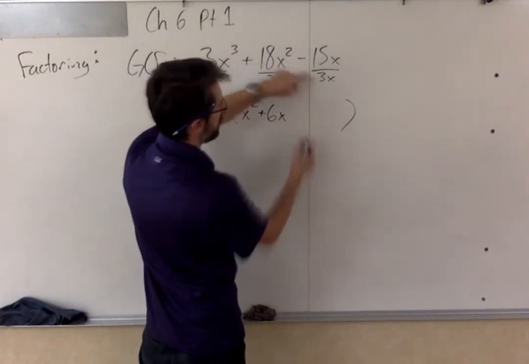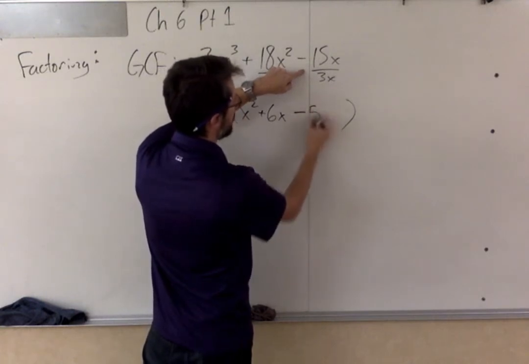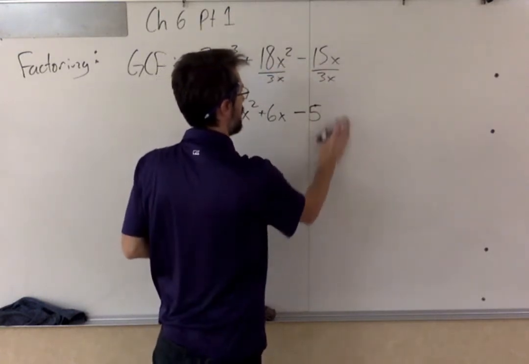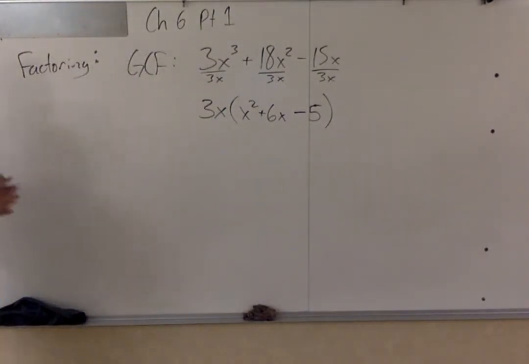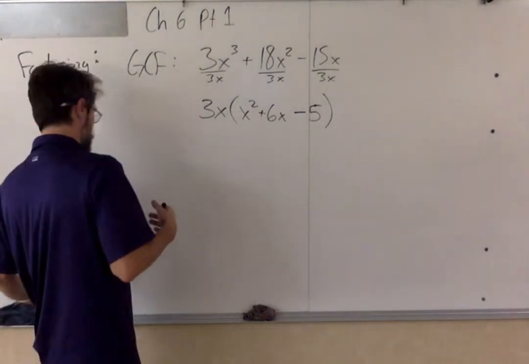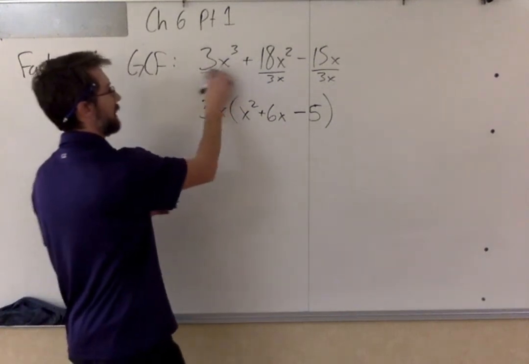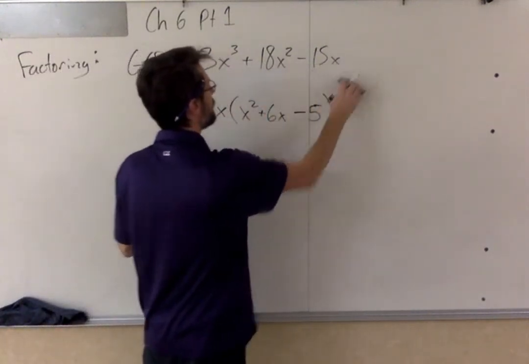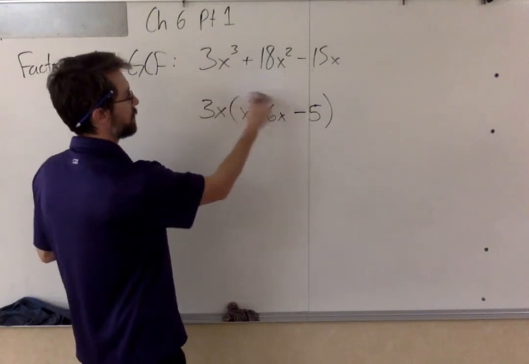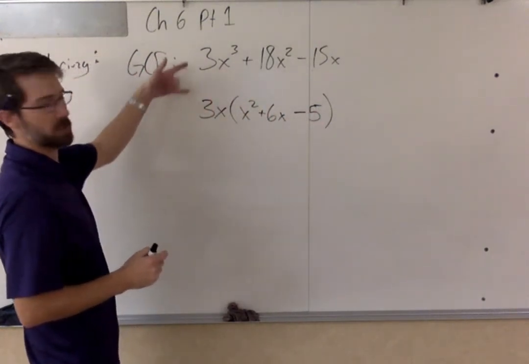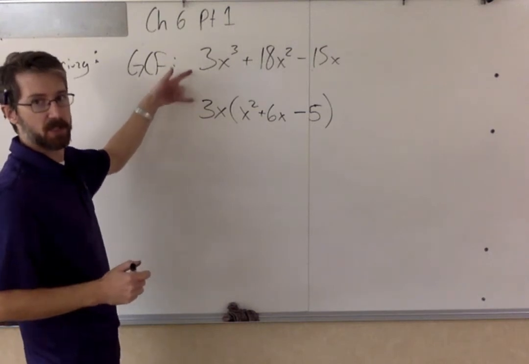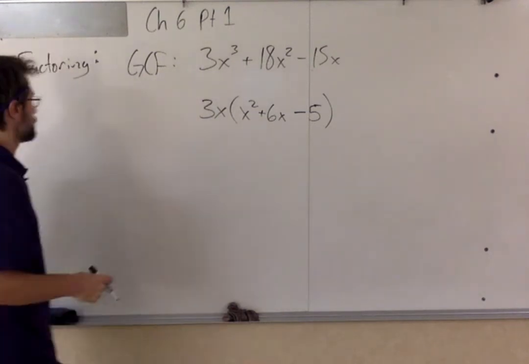Negative 15 over 3 is minus 5, and then x over x cancels out. So it would end up being this. And if you wanted to double check to see if your work is correct, that kind of rhymed, you could distribute the 3x back in and see if you get back to this, because these are not different. They're equivalent forms. They just look different, but they're the same equation.